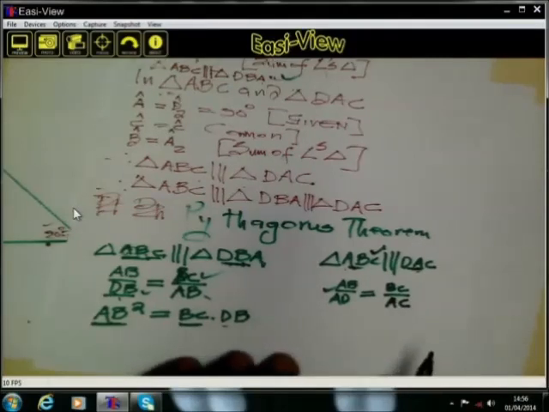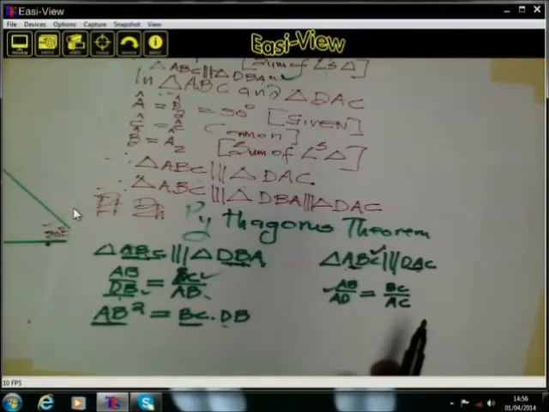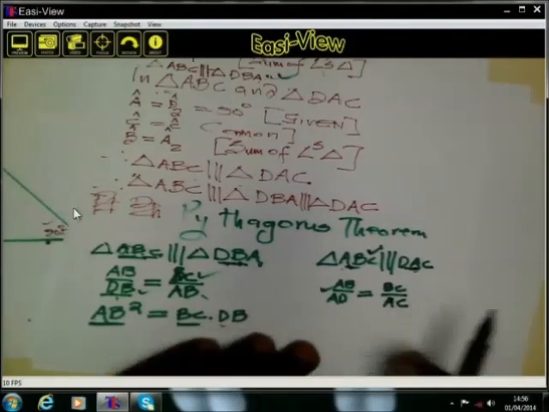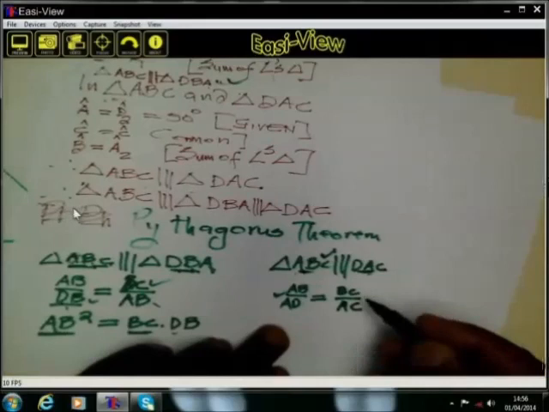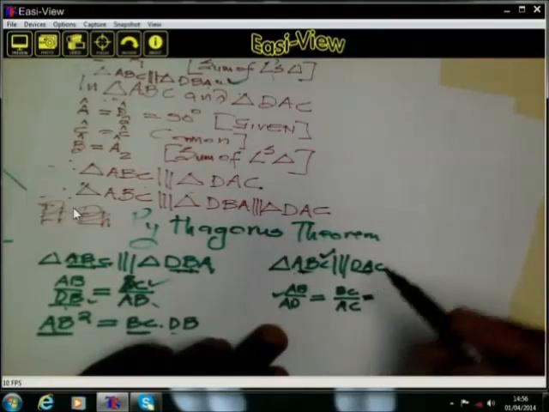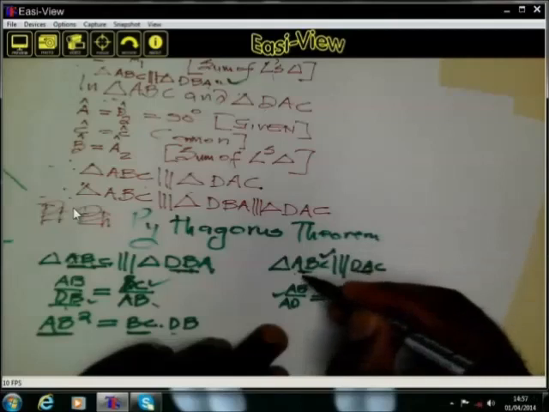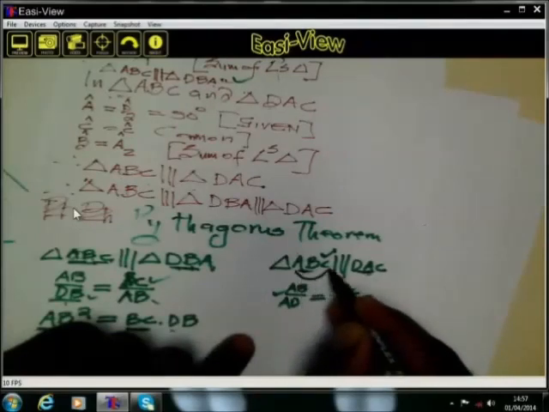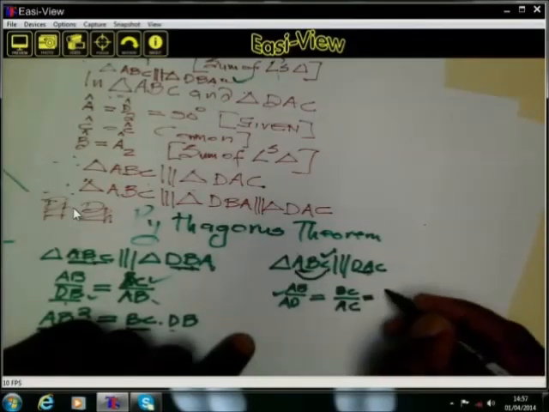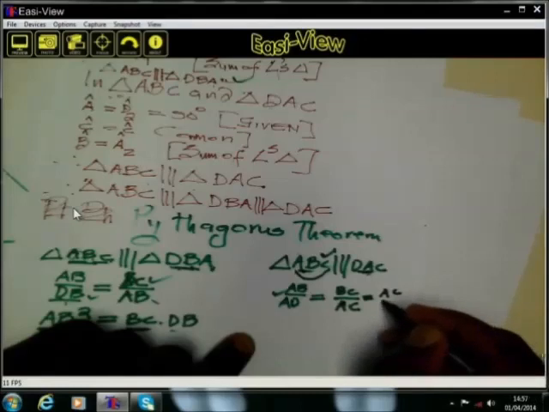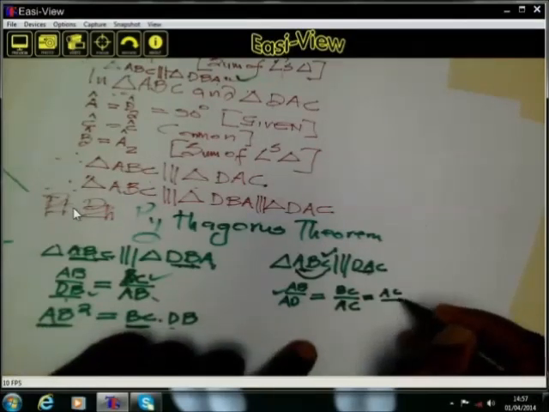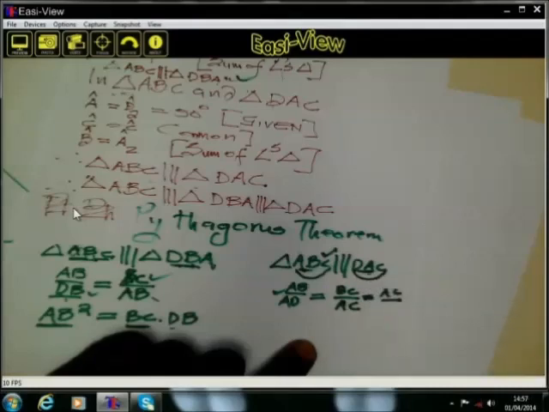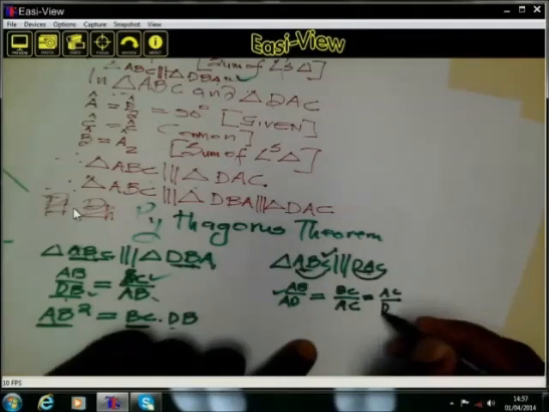Do you have anything here? We don't have. Because I also wanted to relate AC. Maybe if I can say this is also equal to, if I take now the outside side, the longest side, AC over DC. I also take the longest side as DC.